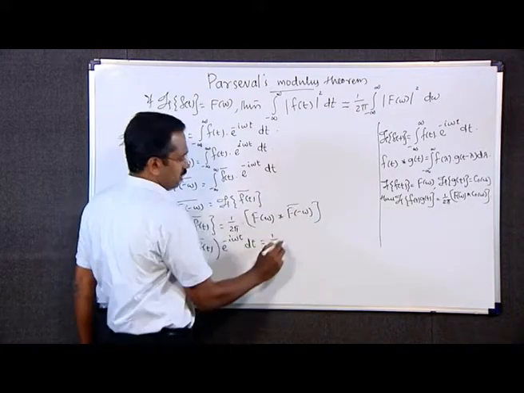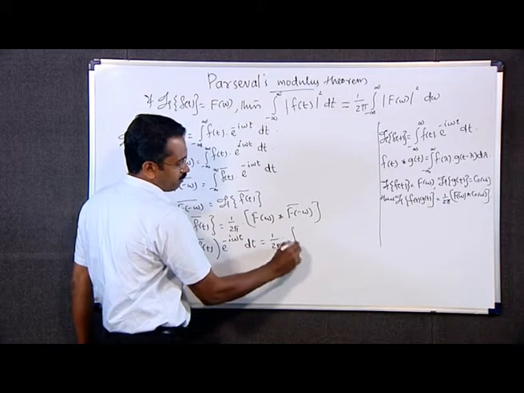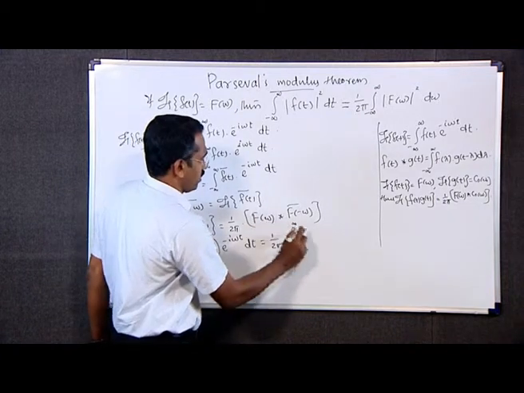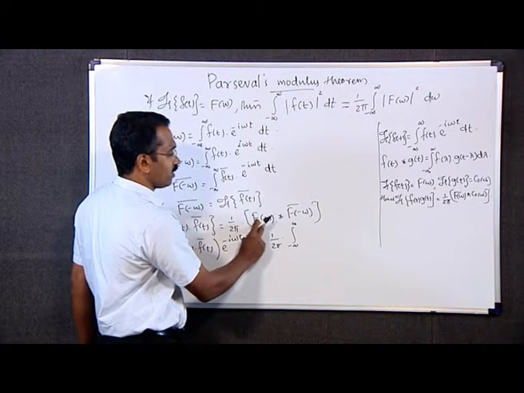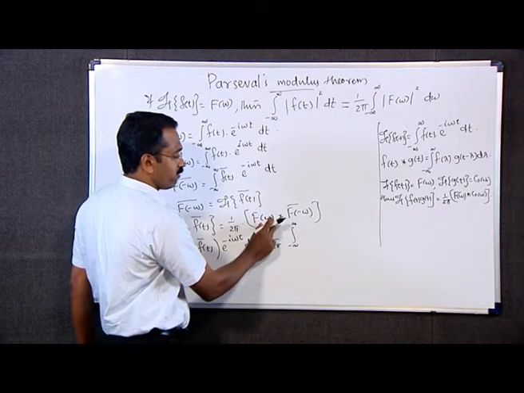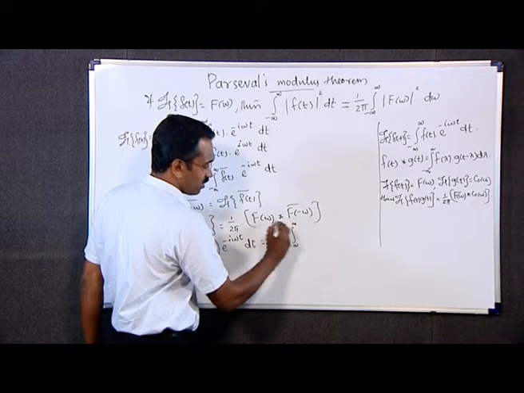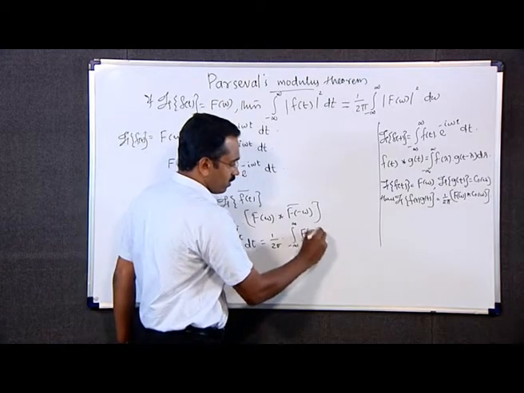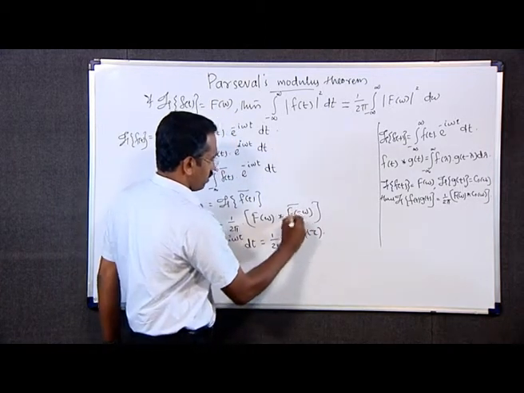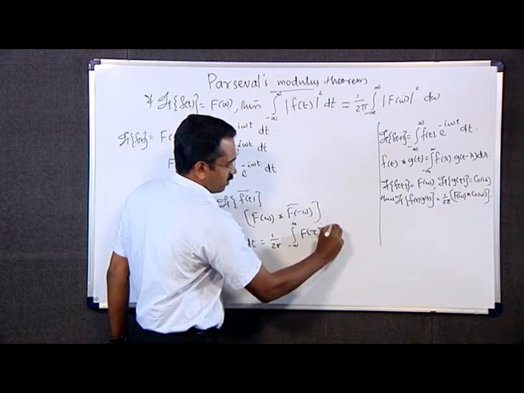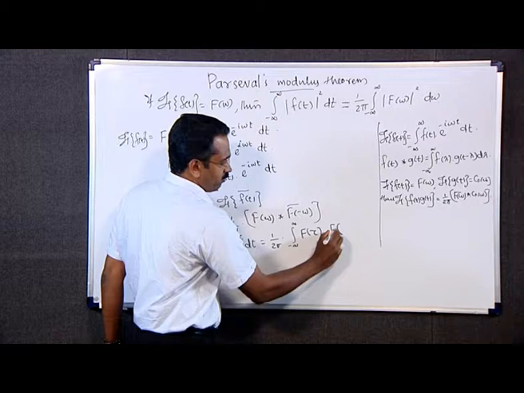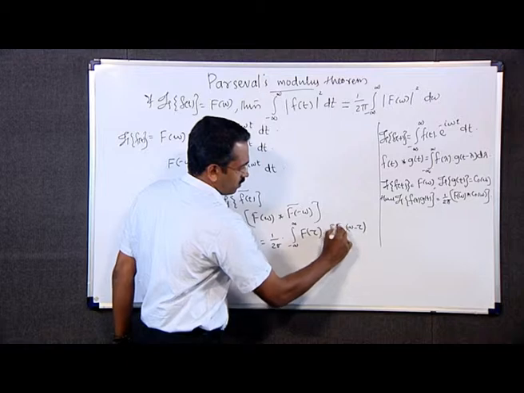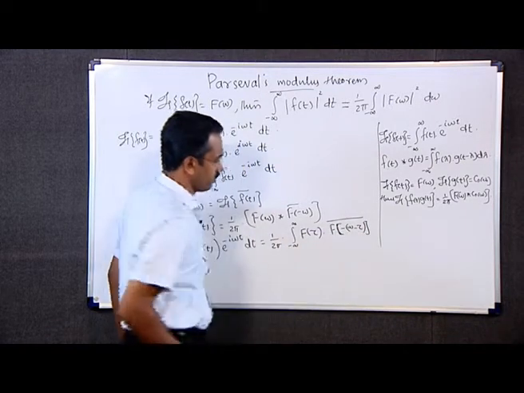By definition of convolution, we can write this as integral from minus infinity to infinity, the convolution between F of omega and F of minus omega. That is, we can write this as F of some tau into F of minus of omega minus tau, the conjugate, d tau.